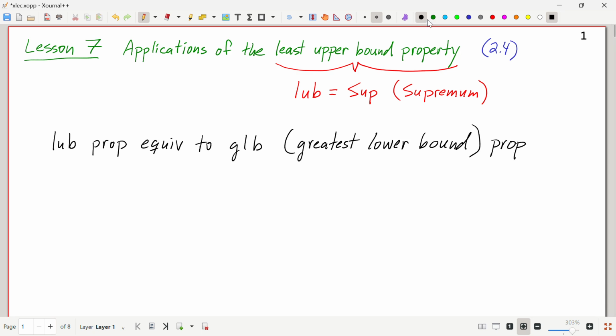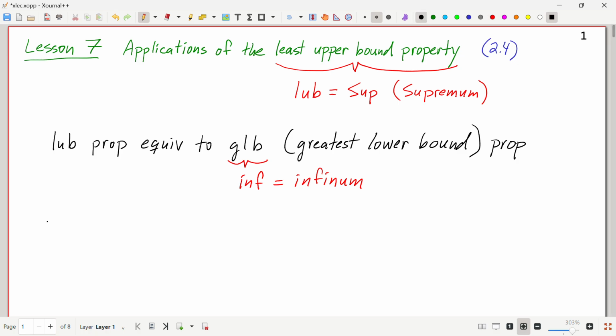And the greatest lower bound, the fancy word for that is inf. Infimum. Okay, so that was the topic of last lecture.